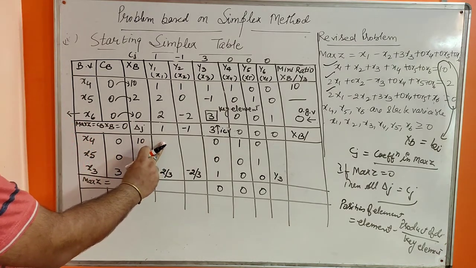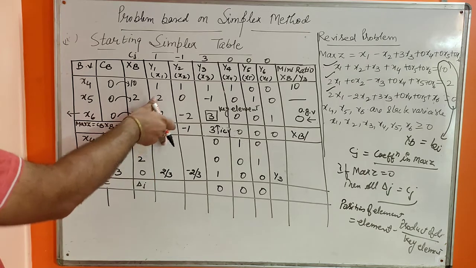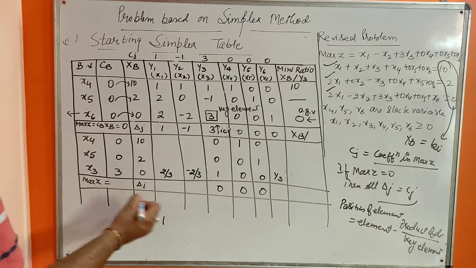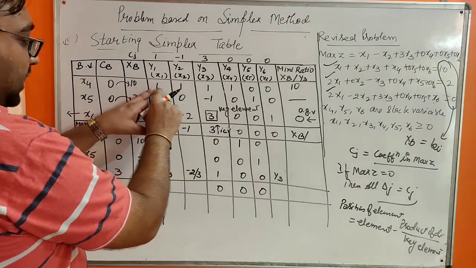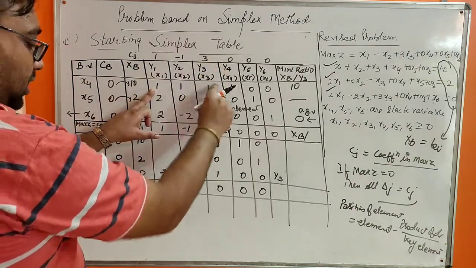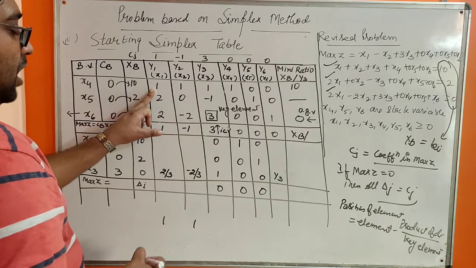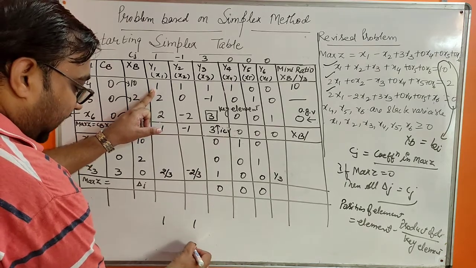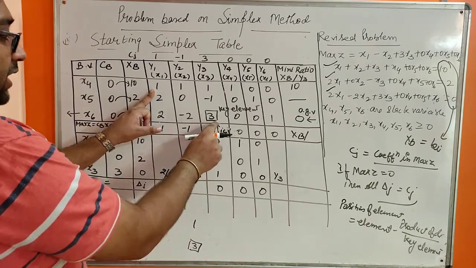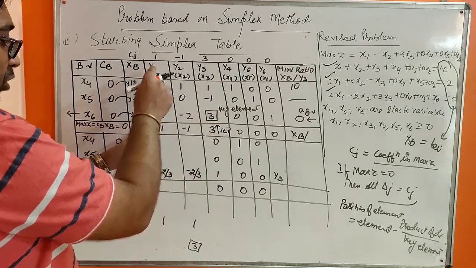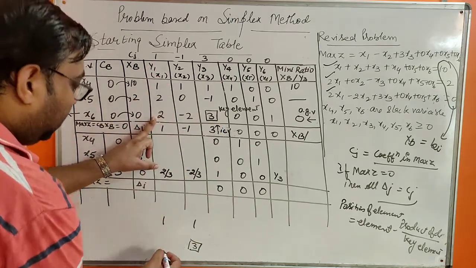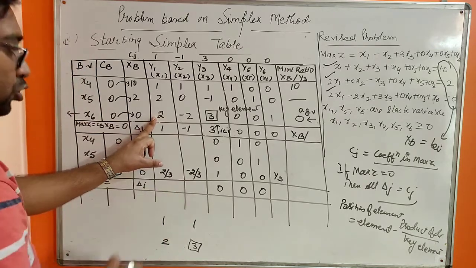So what is the element in place of this particular element in the previous step? 1. What is in front of 1 in the key element column? 1. Now write the key element and identify what is in front of the key element in the column where we have to find the element. The element is 2.